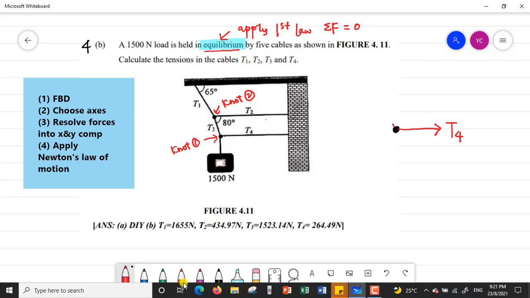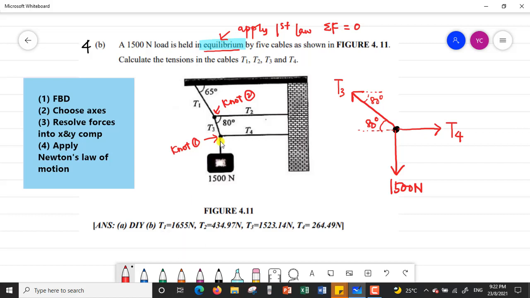Then here I have T3. The angle is 80 degrees. So this 80 degrees will be equivalent to here, 80 degrees. Then I have the weight of 1500 Newton straight downward. So this is the free body diagram for knot 1.